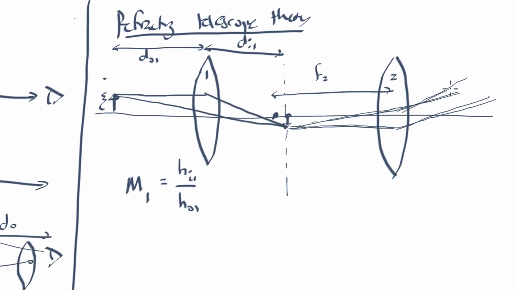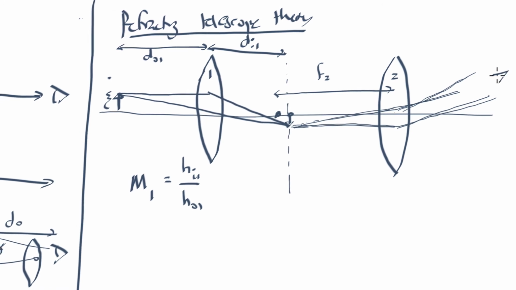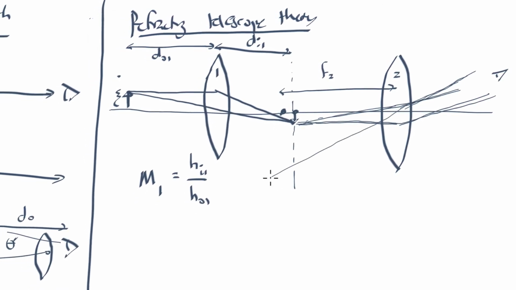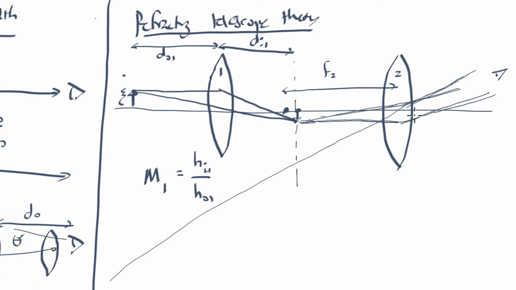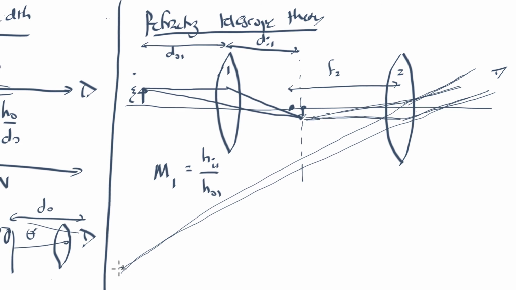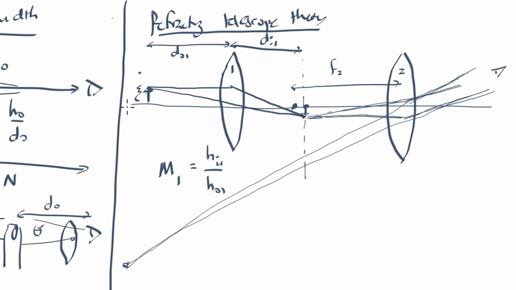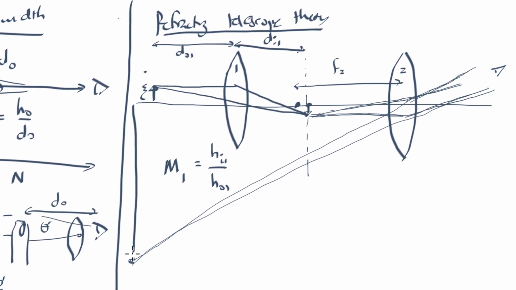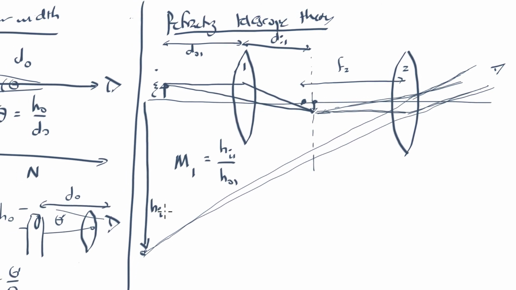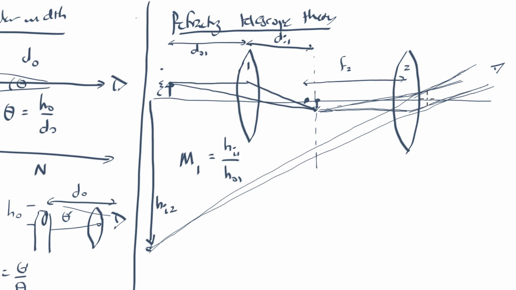They're going to be slightly diverging right here. And so what does that mean? It means that these rays are going to converge way out here, and so you will perceive an image out here. So this is the height of the image formed by lens 2.